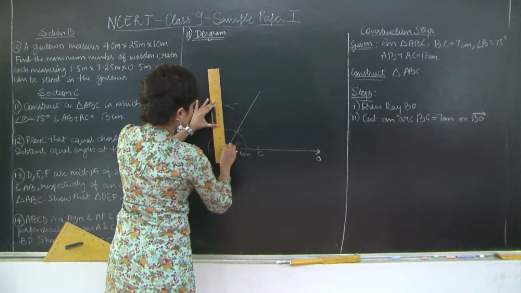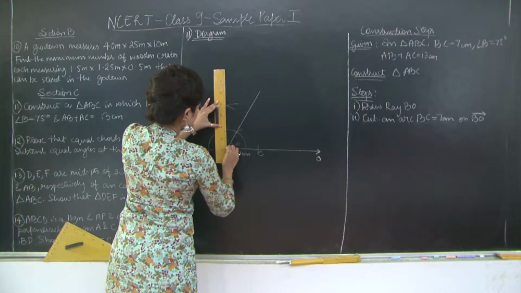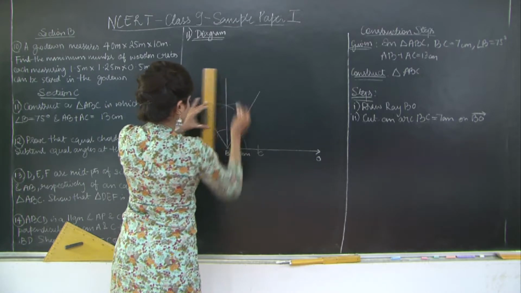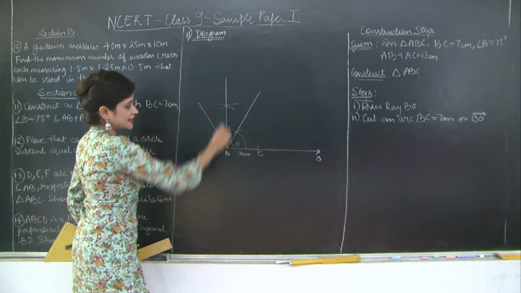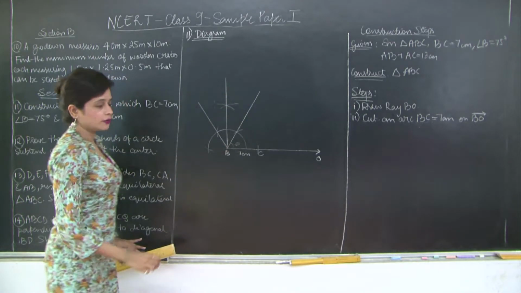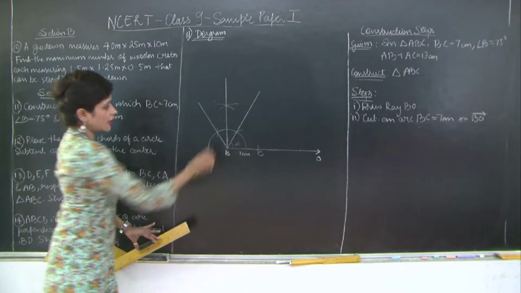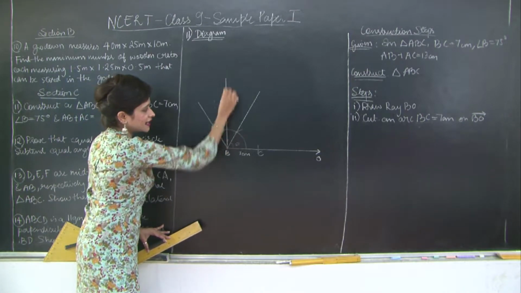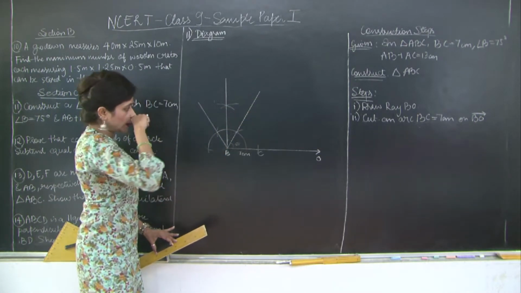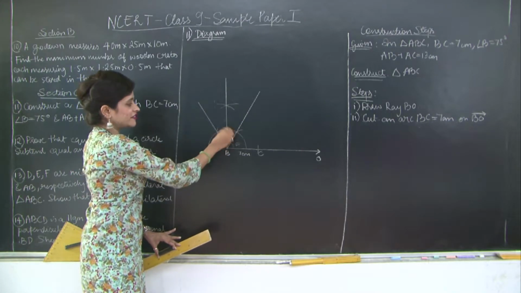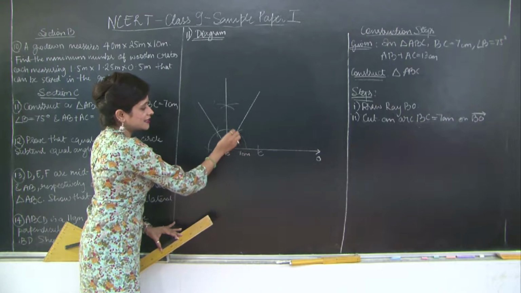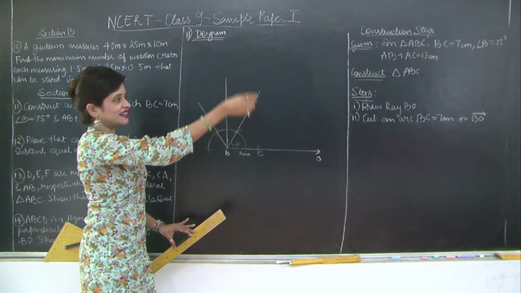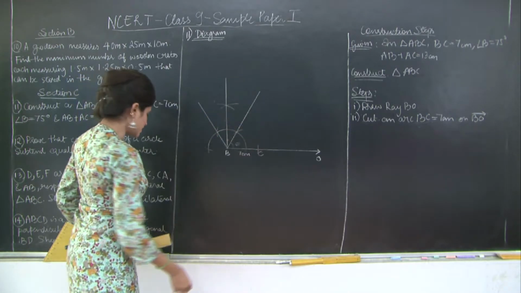Now I'm going to join B to this point out here. So this line is bisecting my angle, which is 60 degrees. Now I'm going to further bisect this angle. When I bisect it, I'm going to get 15 degrees on each side. So when I get 15 degrees on this side, I will get 60 plus 15, which is 75 degrees. So that will give us angle B, which is 75 degrees.